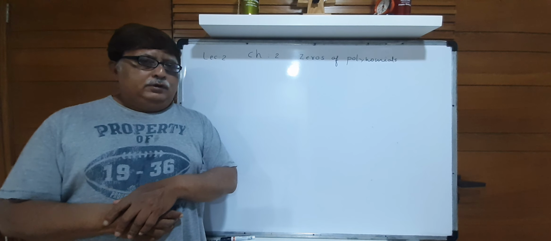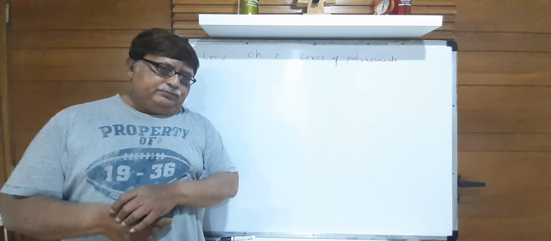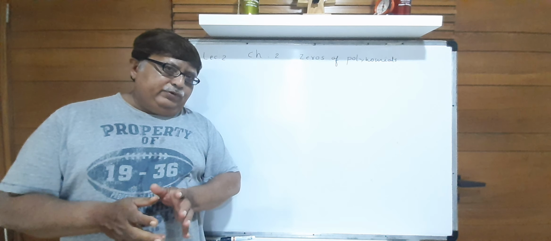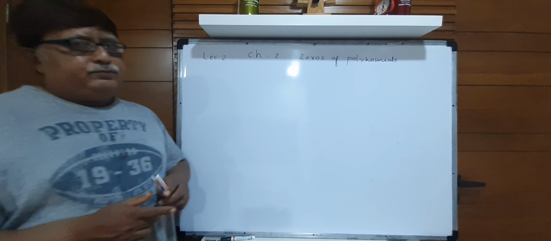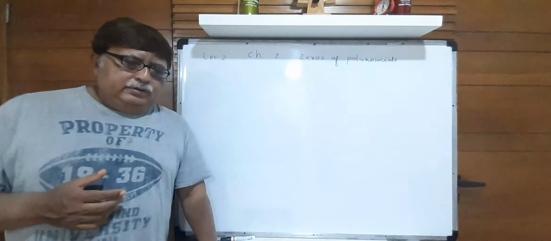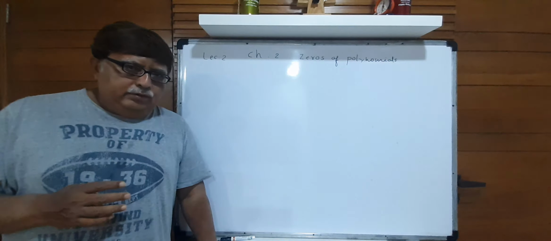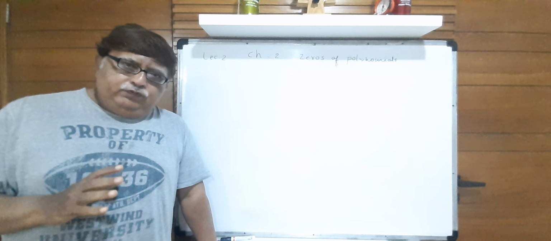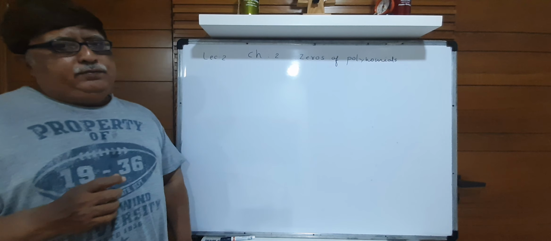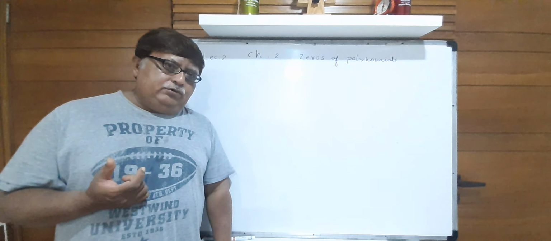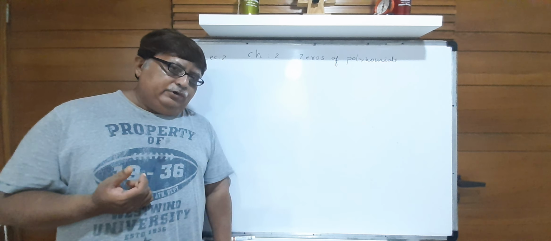Today, in lecture number 2, we are continuing the same topic, that is zeros of polynomial. Same topic continues. Last time we practiced some of the example regarding zeros of polynomial. Today, in lecture number 2, we are going to solve 4 examples, and that will give you an idea how to find zeros of polynomial.